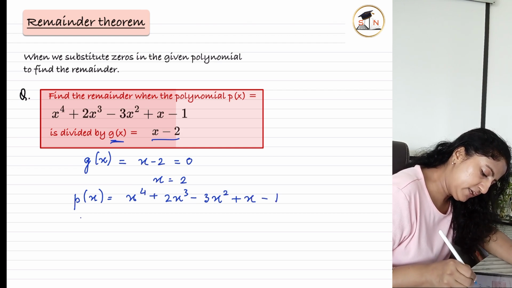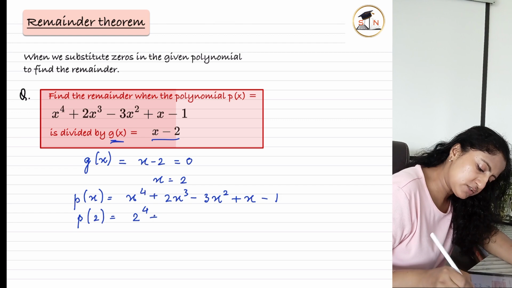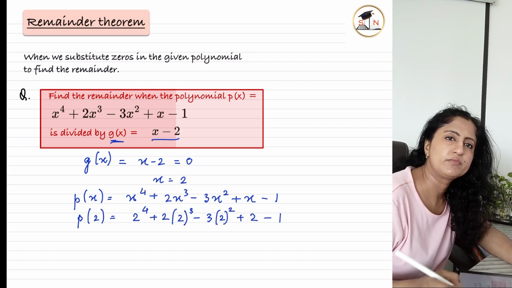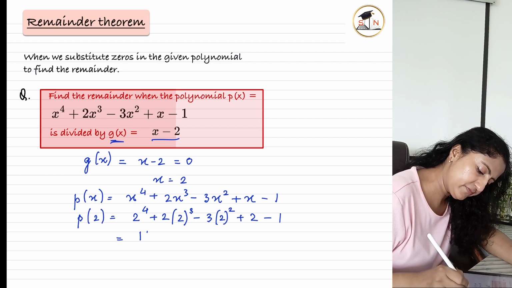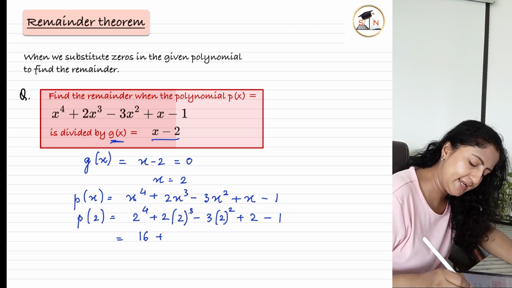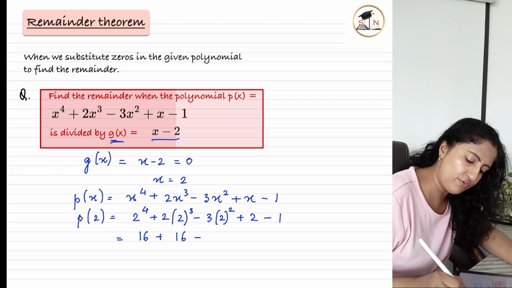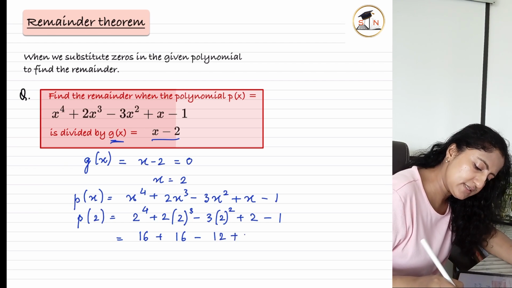So now we need to substitute the value of 2 over here, and that comes out to be 2 to the power 4 plus 2 times 2 cubed minus 3 times 2 squared plus 2 minus 1. We will just solve it. 2 to the power 4 is 16. 2 cubed is 8 times 2 is again 16. 2 squared is 4, 4 times 3 is 12, plus 2 minus 1 is 1.